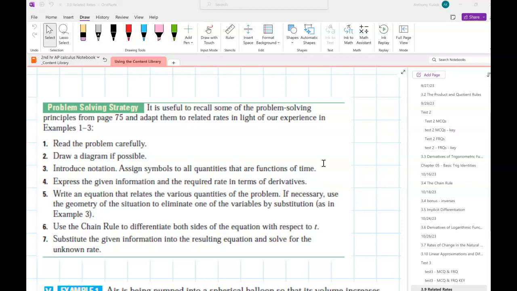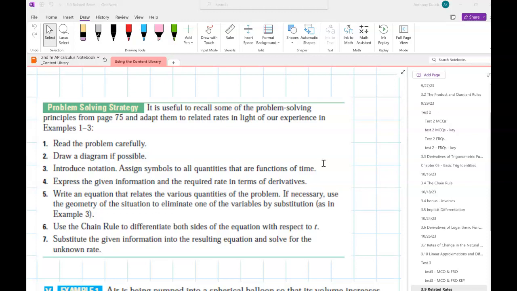So the problem-solving technique that's suggested by your textbook is to start: step 1, read the problem carefully. Draw a diagram if possible. Introduce notation. Assign symbols to all quantities that are functions of time. Express the given information and required rate in terms of derivatives.